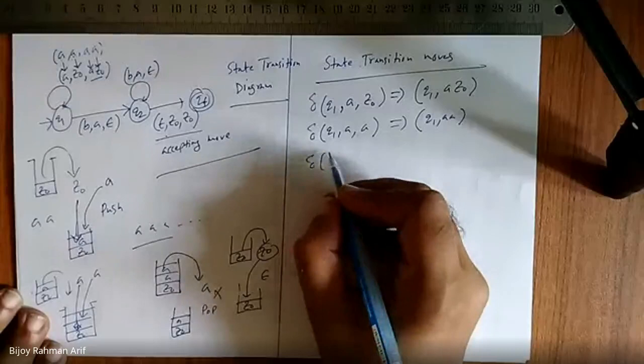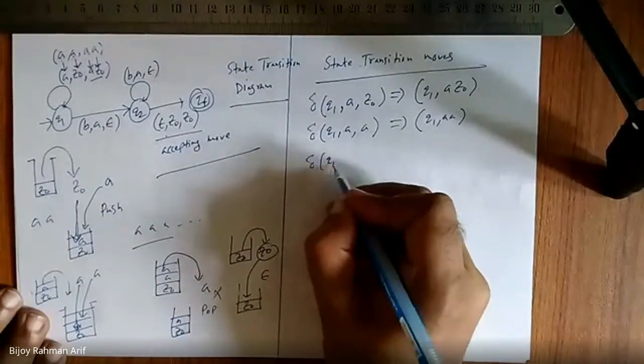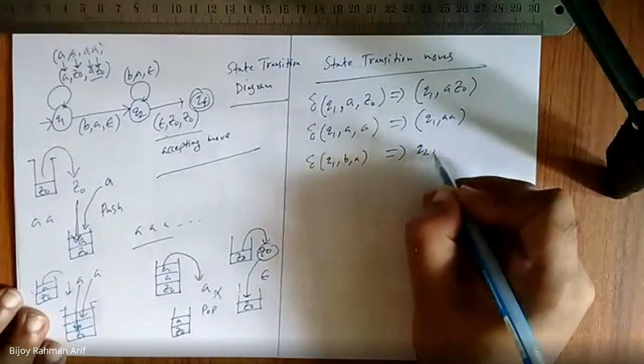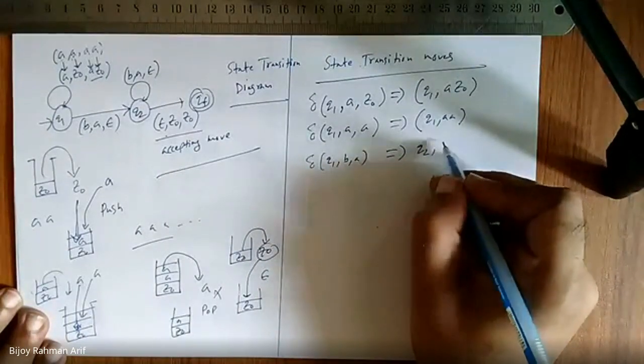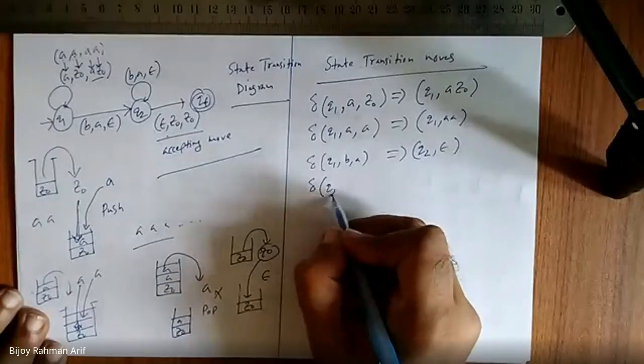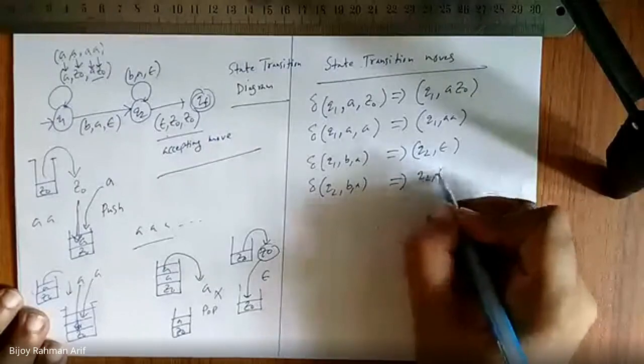Now let's go to this one. Delta Q1 B A. What would be the output? Q2 epsilon. Then go to here. Delta Q2 B A. What would be the output? Q2 epsilon.